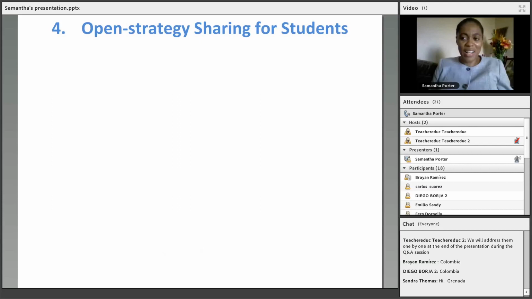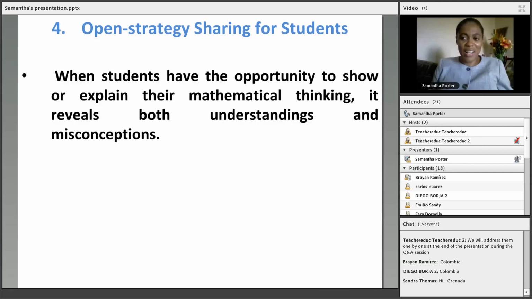Another strategy to foster communication within our classroom is open strategy sharing for students. When students have the opportunity to show or explain their mathematical thinking, it reveals both understanding and misconceptions.